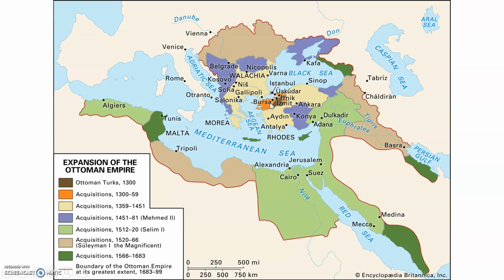And it wasn't until the 14th century that you started to see them really expand around the Black Sea, and then start moving into what is today Iraq, and over here into the former Byzantine Empire. Now you'll notice that they are right in the area that used to be the Byzantine territory. So that means that the Ottoman Empire is going to overlay a lot of Christian territory.